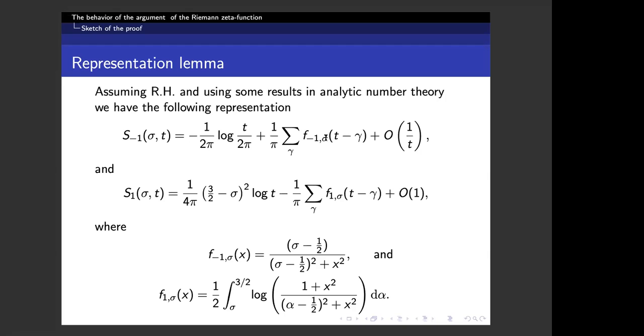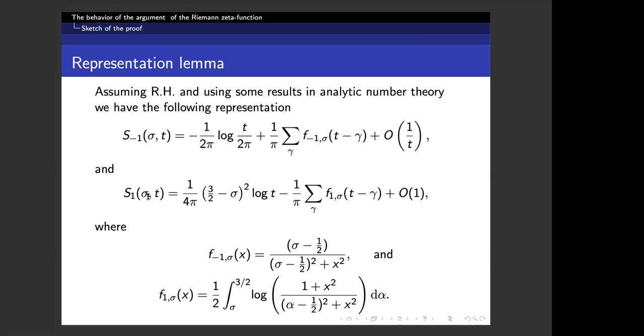And this special function here is the Poisson kernel, sigma minus 1/2 over (sigma minus 1/2) squared plus x squared, plus the error term. This is the first step for S minus.